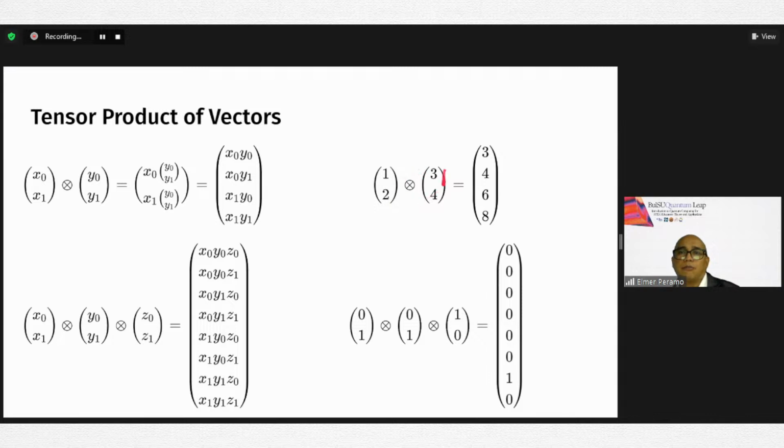So 1 times 3, 4, so this one, and then 2 times 3, 4, so this one. So that's how you compute. For example, if you want to concatenate 3 single qubits into a 3-qubit system, this is an example. You get the tensor products of these vectors.